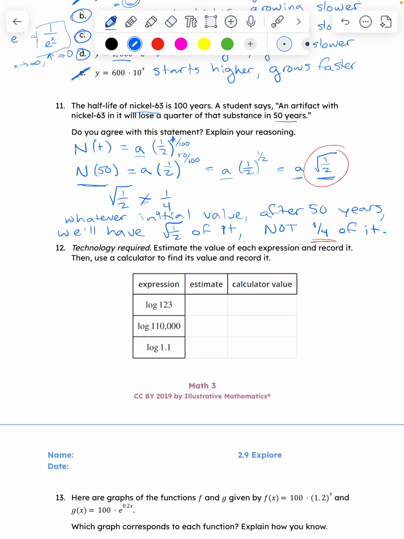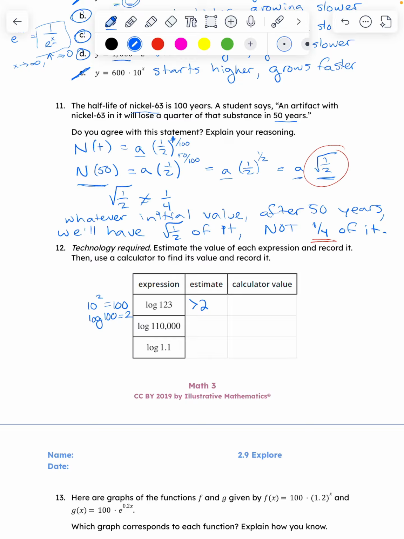So like I can think, 10 squared is 100. So I know that the log of 100 is 2. So then my estimate here for the log of 123 is going to be greater than 2. Not a lot greater than 2, probably 2 point something something. Very close to 2.